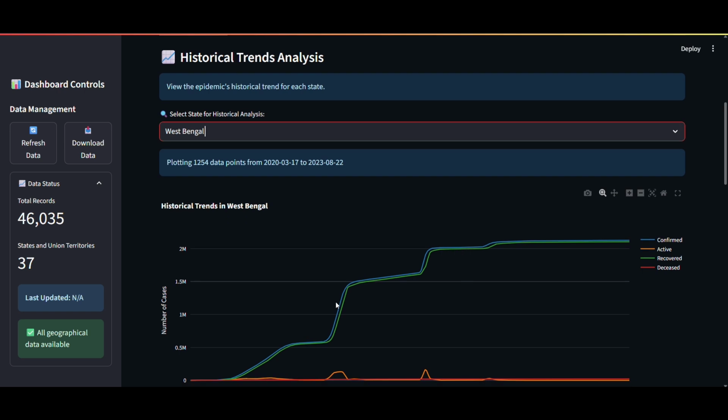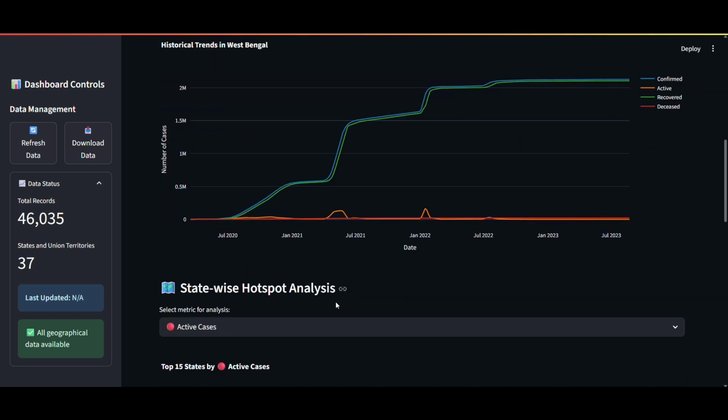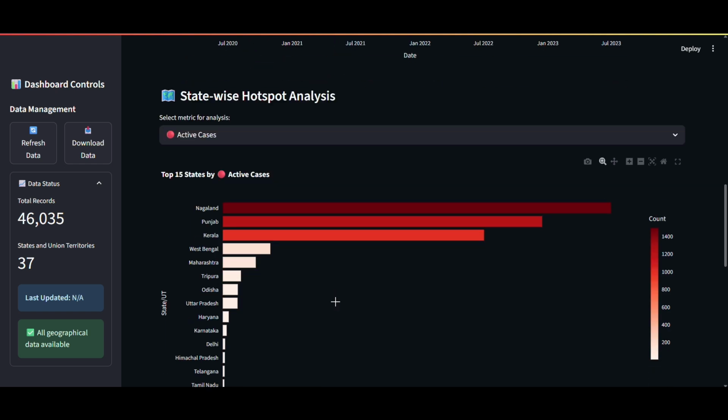Now let's go to the state-wise hotspot analysis. The state-wise hotspot analysis gives us the power to map regions based on various health indicators.